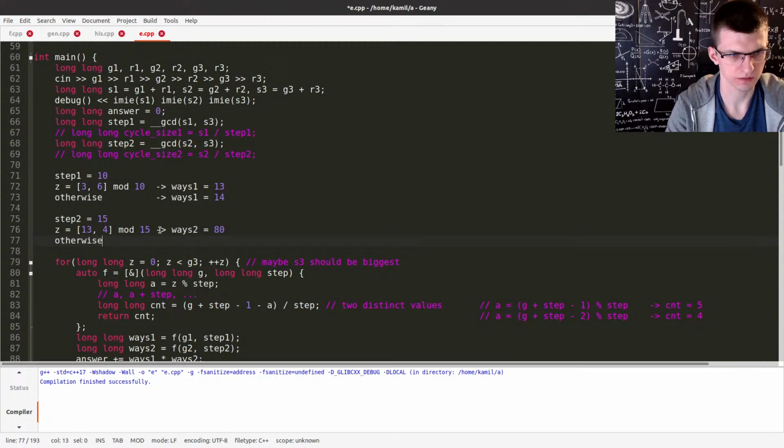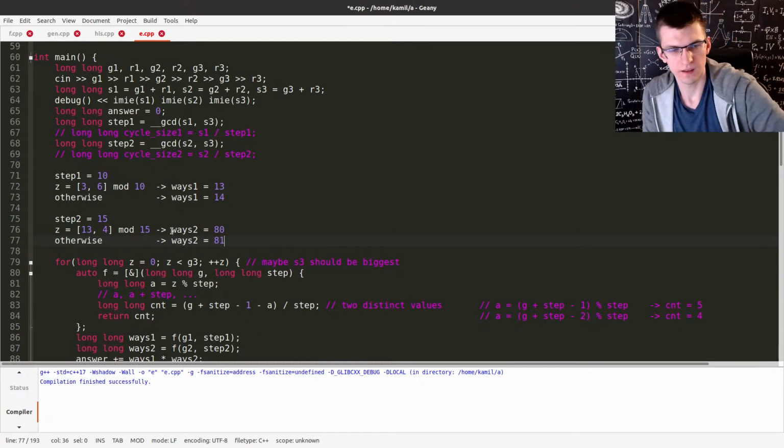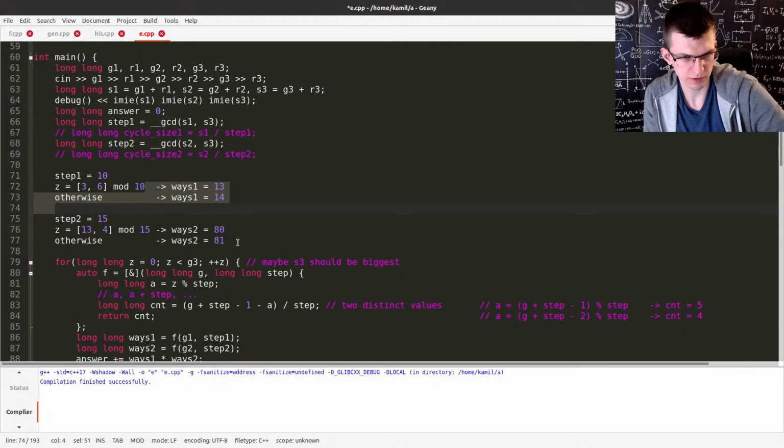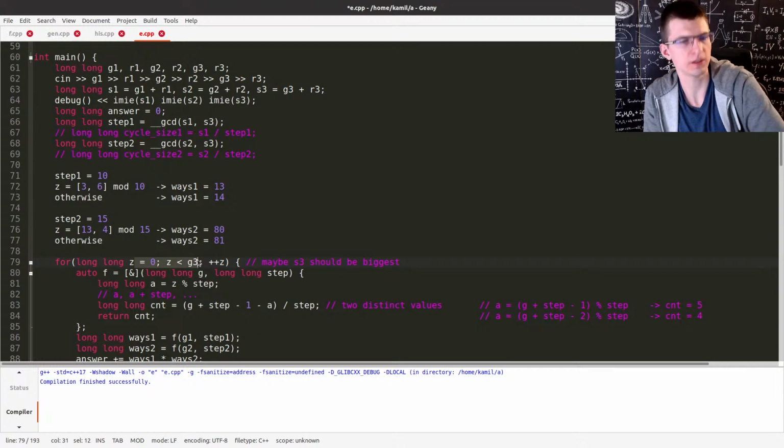Otherwise, ways 2 is 81. We need to sum up the product of ways 1 multiplied by ways 2 from Z equal to 0 to G3 minus 1.